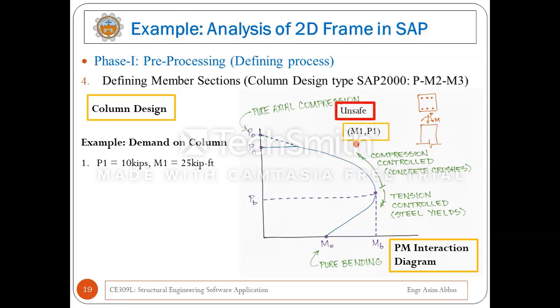The column will not be safe against this P1 and M1. Let's suppose there is another demand of P2 and M2. Again locate this P2 and M2 on the PM interaction diagram. This is inside the curve. It means that this column will be safe against P2 and M2.